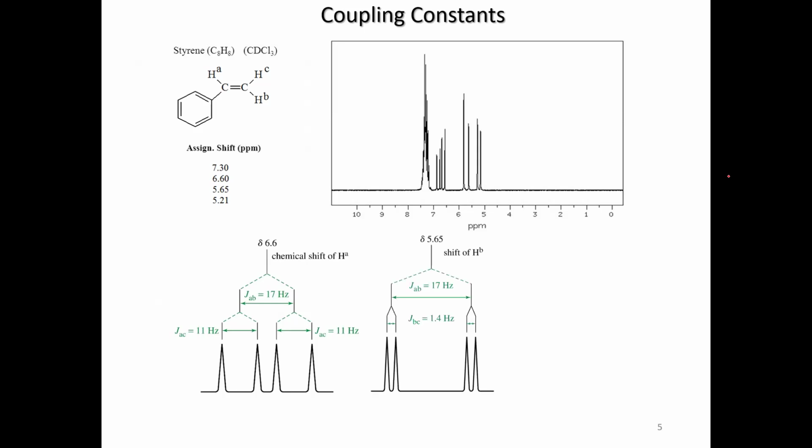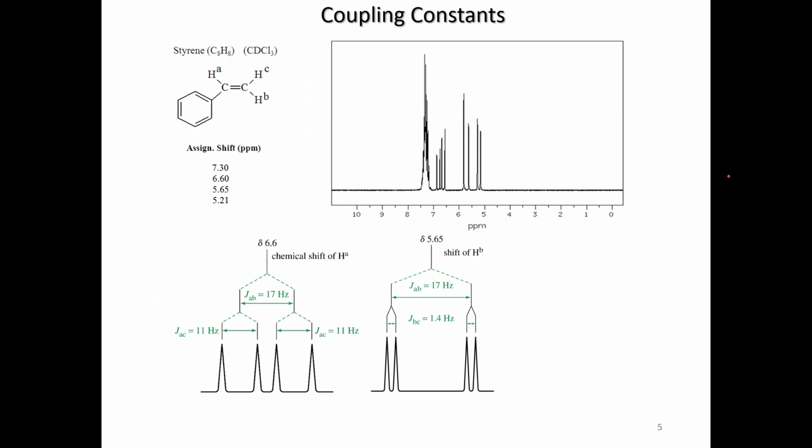What about HB? It has a trans coupling constant, so you expect a long coupling constant, but also you expect to have another signal. So there are always two doublets, but another signal, which is this very, very short. It's called a geminal coupling constant. When you have a double bond and you have two protons at the end of this bond, the two of them are different one from another because whatever you have on the other side, they suffer from different environments.